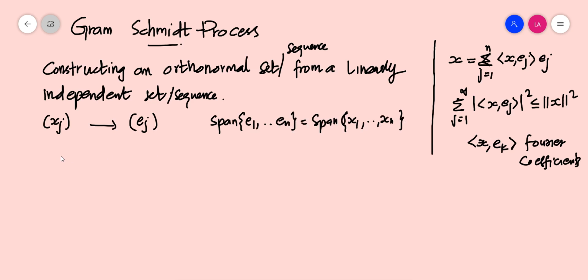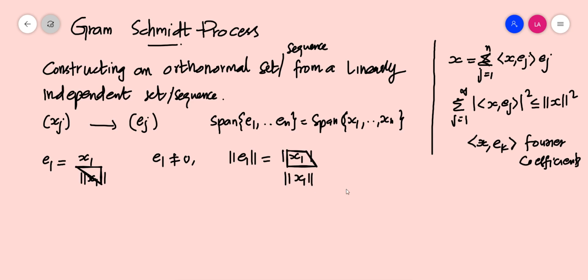So the process is, first take an element e1. e1 is constructed as x1 by norm x1, where x1 is a non-zero element, and clearly e1 is not equal to 0, and norm e1 is equal to norm x1 by norm x1, which is equal to 1.